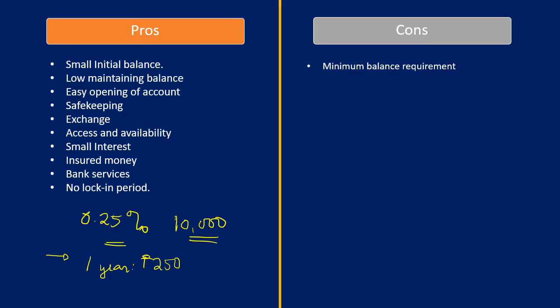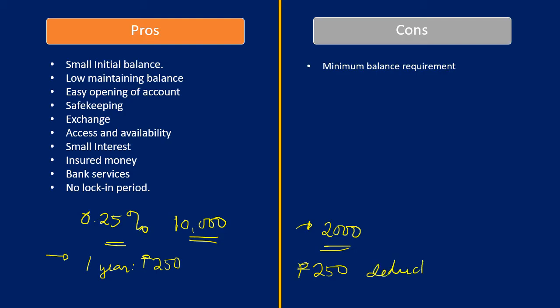But on the first month of the second year, your maintaining balance fell below the minimum. Let's say, nag-fall ka sa 2,000. So, nag-below ka na. Regardless, the bank will deduct 250 pesos.